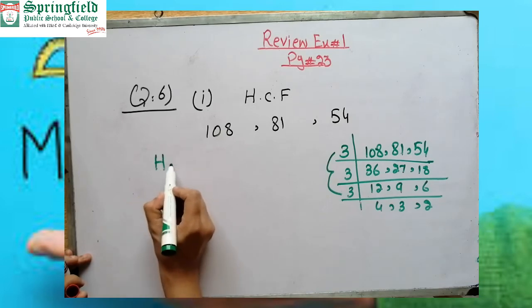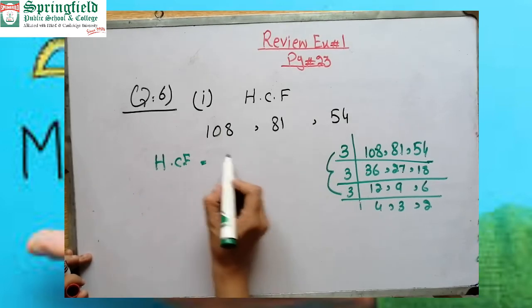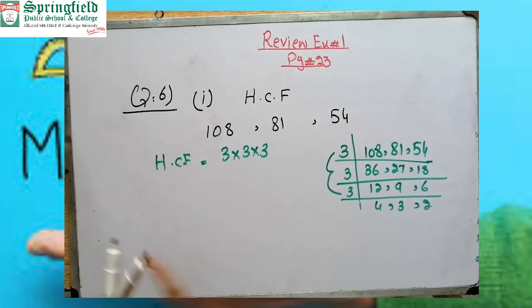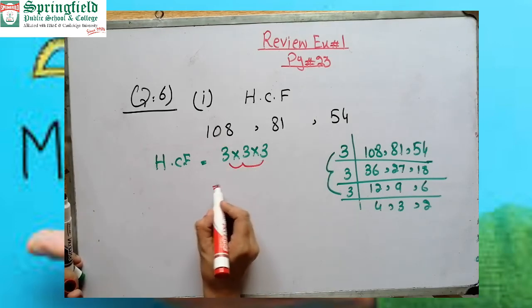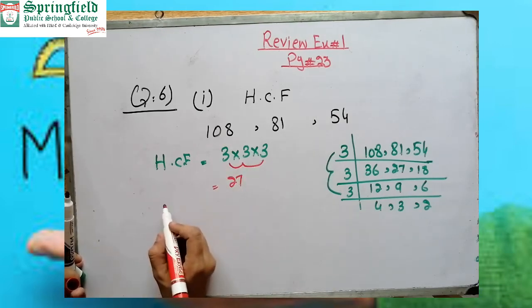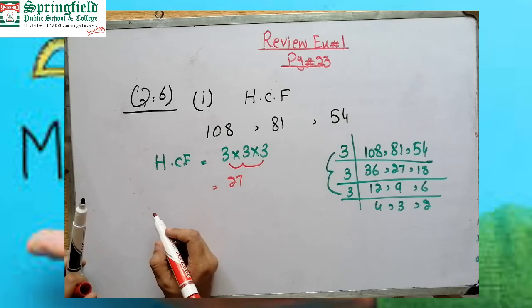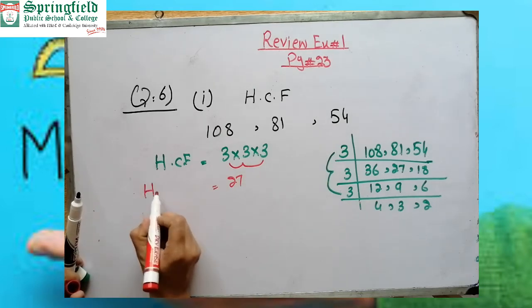So HCF is equal to 3 threes are 9. First we write it in product form, and then 3 threes are 9, 9 threes are 27. It means the largest number of baskets that can be packed is equal to 27.